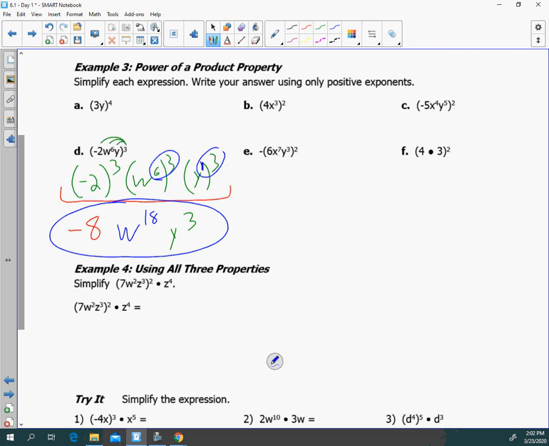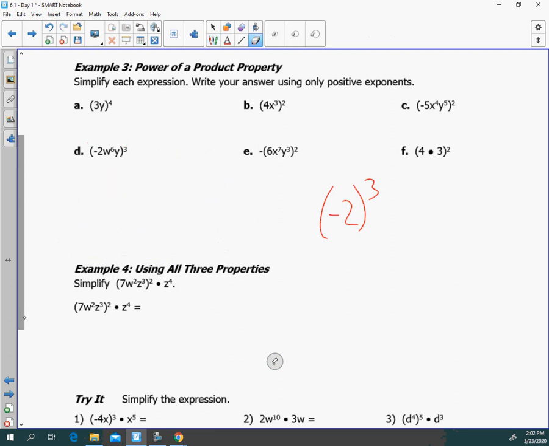Let's say you were wondering, how do I write negative 2 to the 3rd on my calculator? Well, there's 2 ways that I would recommend. If you're using a calculator, you could do negative 2 times negative 2 times negative 2, right? And you're going to get 4 times that negative 2 gives you negative 8, right?